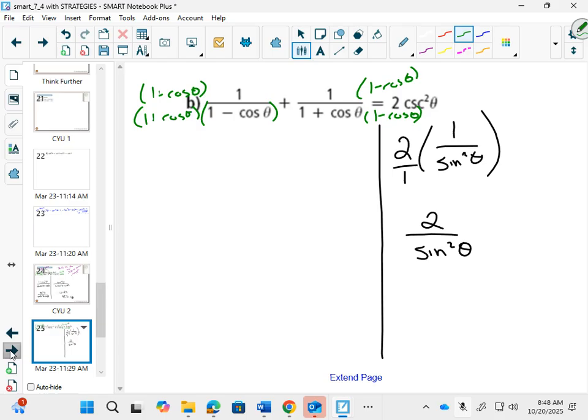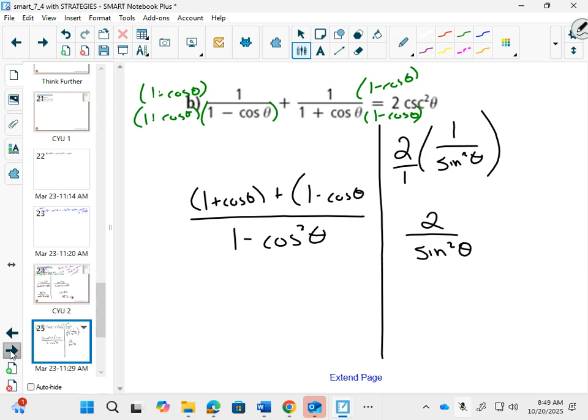When I do that, I am going to get a common denominator. It's a difference of squares of 1 minus cos squared theta. On the top, I'm going to get 1 plus cos theta plus 1 minus cos theta.